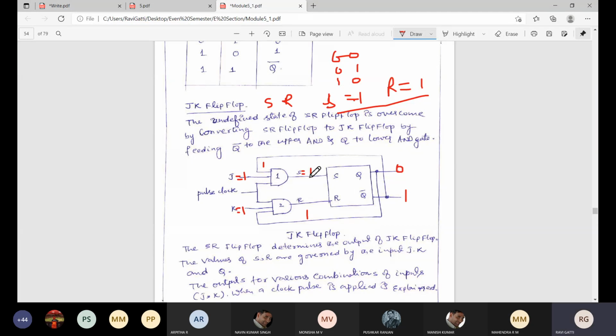Second is from the right side we are getting. And the third one, where is it coming from, sir? That is the clock pulse, Pushkar. We are always giving it as 1 for understanding. Your flip-flop will work only when the clock is equal to 1. If it is 0, it will not work.